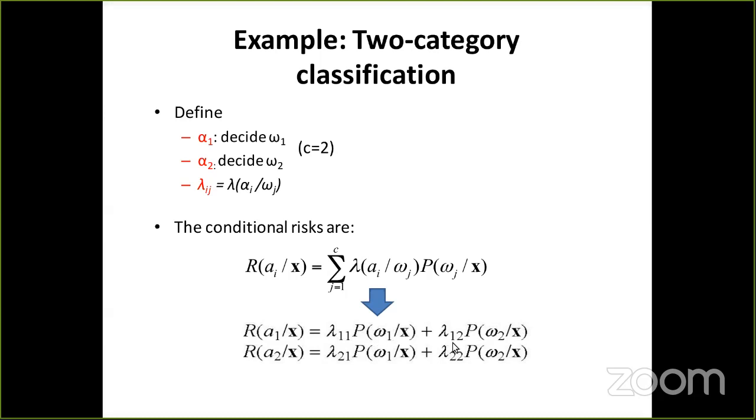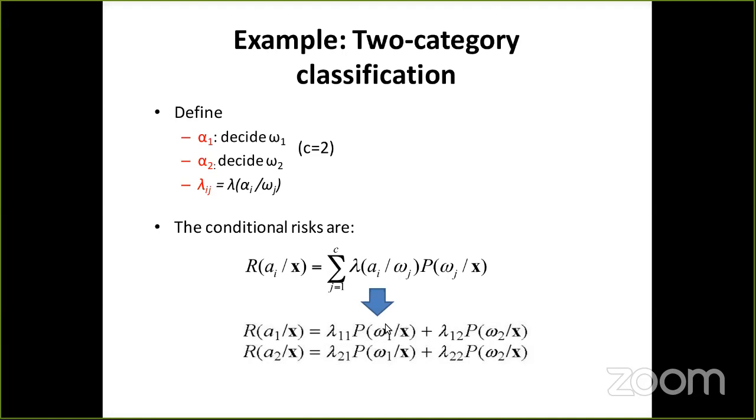If you look at the terms carefully, lambda 1 1 is saying that your actual category is 1 and you are calling it category 1. The first index is your action and the second is the true class. So lambda 1 1 is the risk associated with that case, and you multiply it with the probability of belonging to class 1.